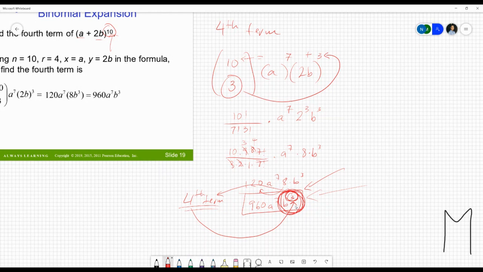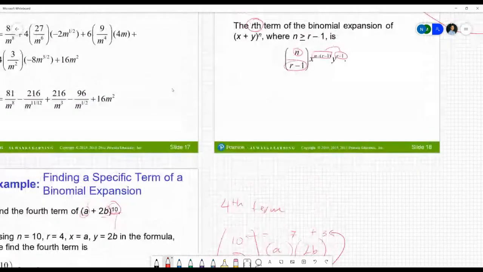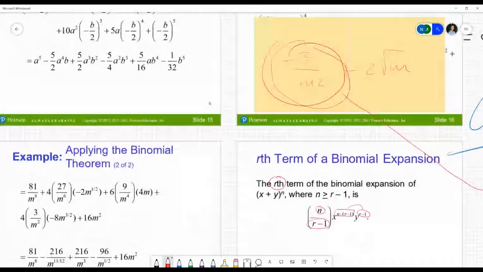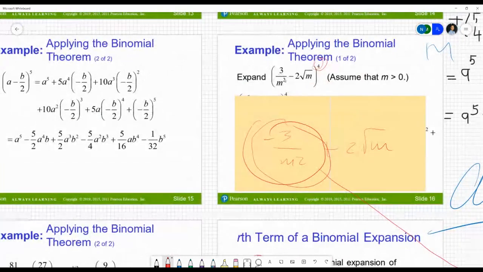Trinomials do not. So for b to the 3rd power here, that only works if your a and b are in first degree, or to the first power. It will not work if we have a problem like the one we did up here with the square root and the square.